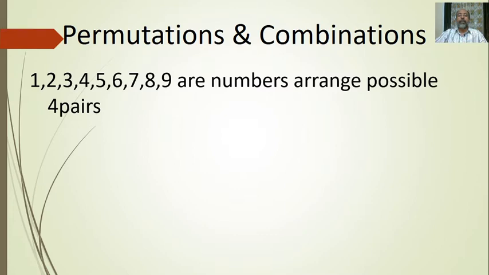The difference between permutations and combinations is: permutations are sets or pairs having a different value when arranged left to right versus right to left. Whereas with combinations, if you change left to right or right to left, there won't be any difference. So that's why the permutations and combinations chapter is very important for us.